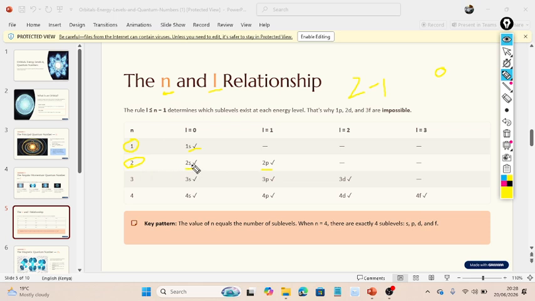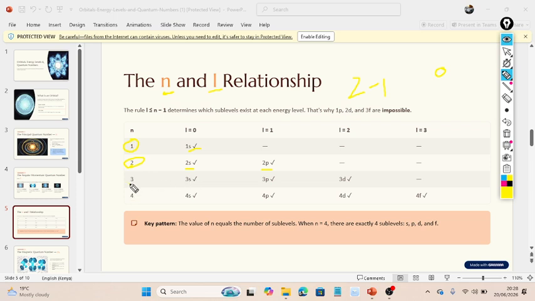Why do they exist? Because the possible values we can get are either 0 or 1 when the principal quantum number is equal to 2.